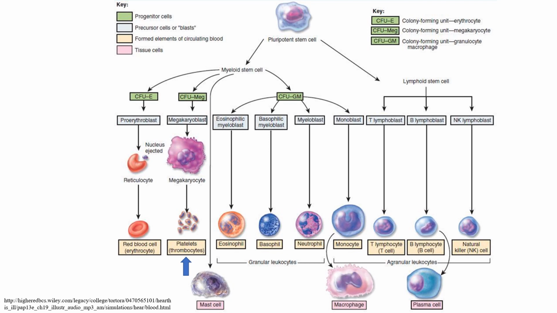The myeloid stem cells can then become prourethroblasts or megakaryocytes, or this other type of cell that will result in four of our different leukocytes. So myeloid stem cells will become megakaryocytes. Megakaryocytes will result in platelet production.